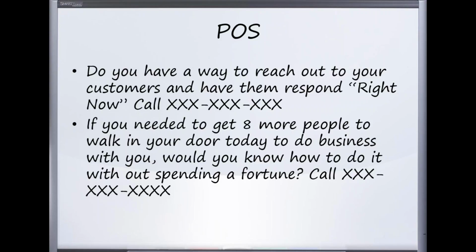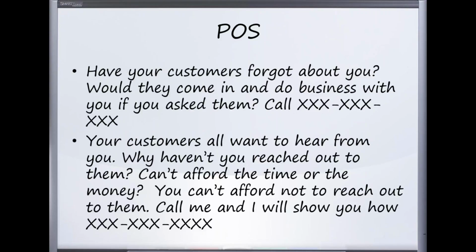Everybody knows 2 or 3 of their customers they could call to get them in the door. But to be able to find 8, which is not a huge number, but is a big number, they hit a point where they can see 1 or 2 in their mind walking through the door, but they can't figure out how to get to that magic number of 8. And that puts the interest up there for them.